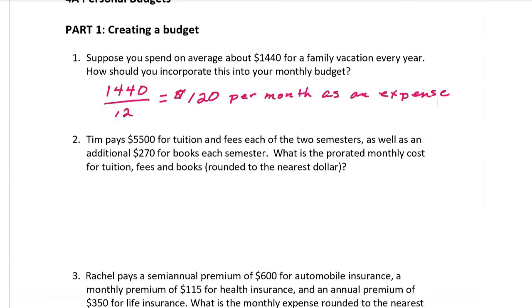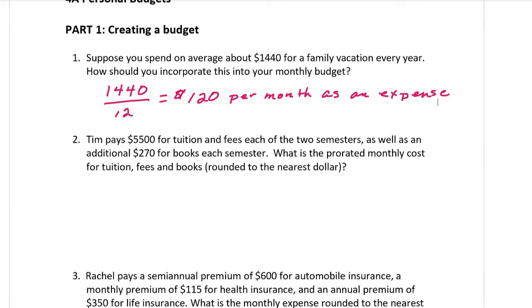Problem number two. Tim pays $5,500 for tuition and fees each of the 2 semesters, as well as an additional $270 for books each semester. What is the prorated monthly cost for tuition, fees, and books rounded to the nearest dollar? Well, there's 2 different ways that we could do this.